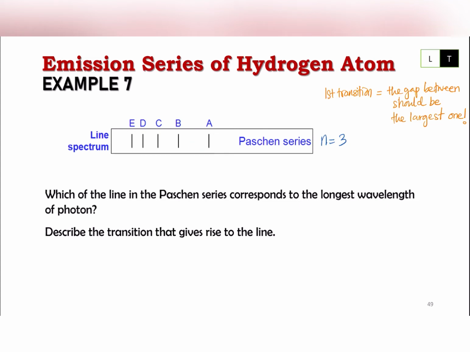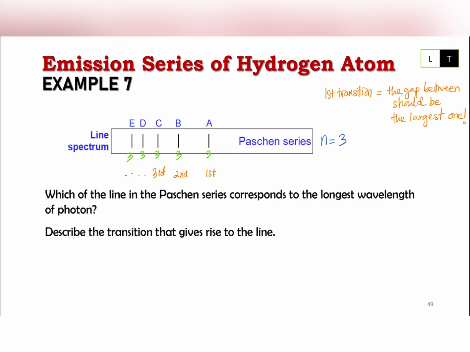I'm going to label this one as the first transition, second transition, third transition, and so on. Next, I'm going to label each of the ground states, which will always be n equals 3. So this one is n equals 3, 3, 3, 3, and 3.